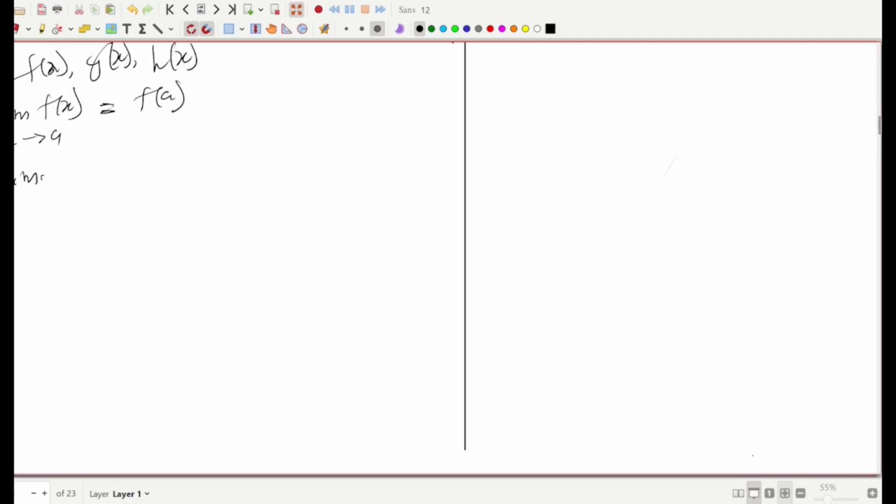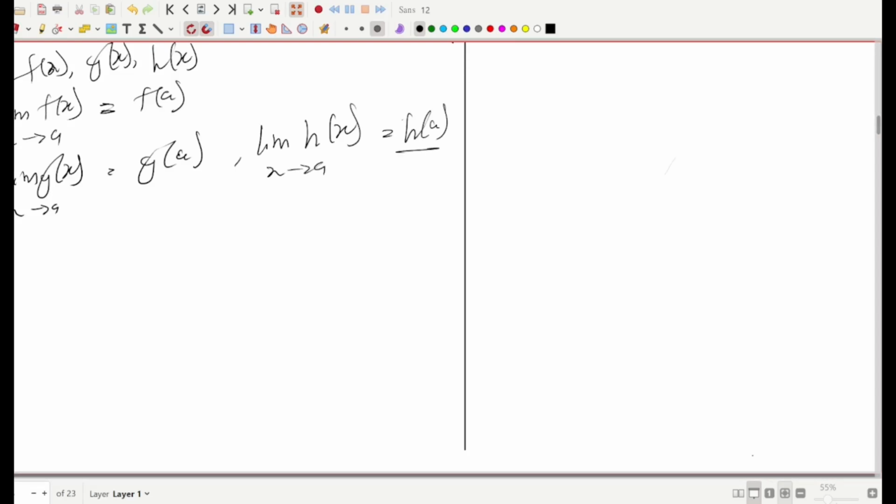The limit of g of x as x approaches a is g of a. The limit of h of x as x approaches a is equal to h of a. Just direct substitution. Mind you, there's one thing I want to tell you: for every limit expression, if the limit laws are applicable, then you can do direct substitution.